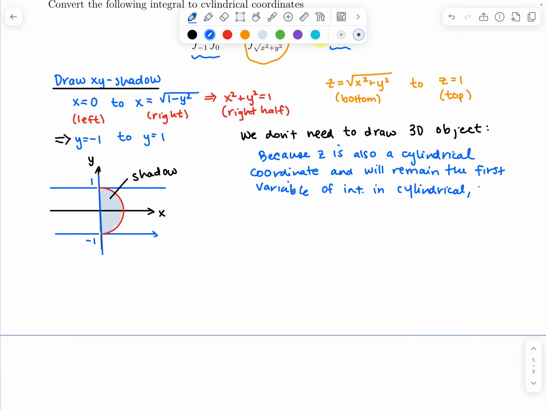We just need to convert the equations of the bottom and top z surfaces to cylindrical.